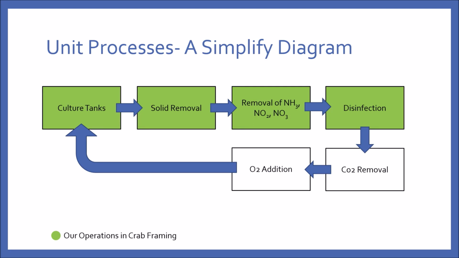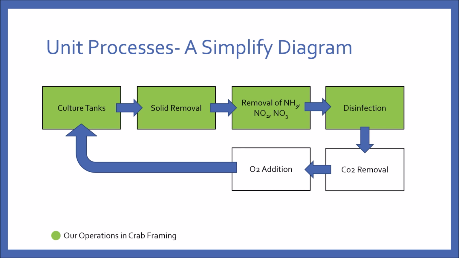Luckily for us, we utilize a simpler process flow diagram. Firstly, on the leftmost side, we have what we call the culture tanks, and these are the individual boxes in which the crabs are grown in. Followed by solid removal, which is the utilization of media filters to remove any solids resulting from feed or feces.